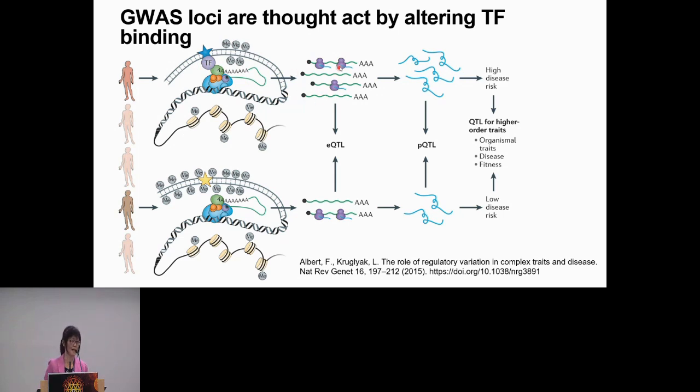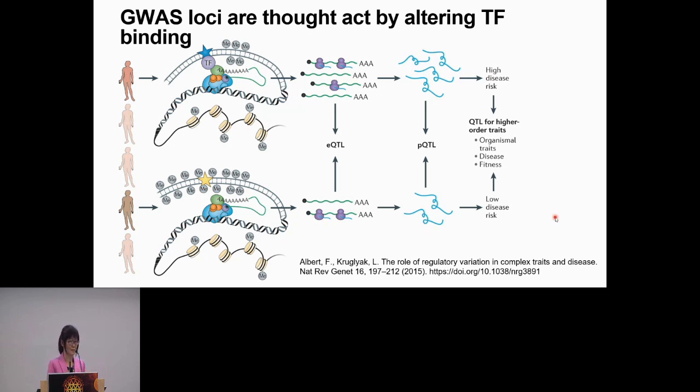That leads to very high expression levels of this gene, which downstream leads to high protein levels, and if the gene is deleterious, that will cause high disease risk. Whereas this other person has the yellow allele, which doesn't allow the transcription factor to bind as easily, the expression levels are lower, protein levels lower, so that leads to low risk of disease.